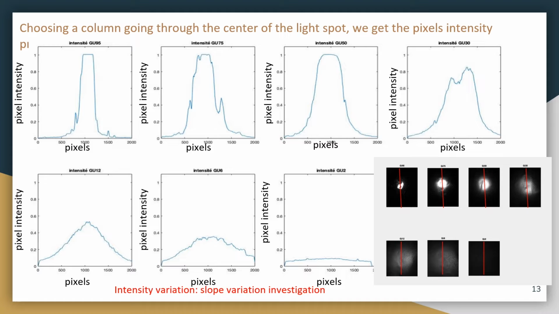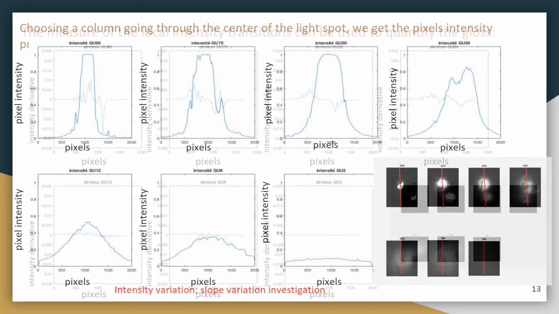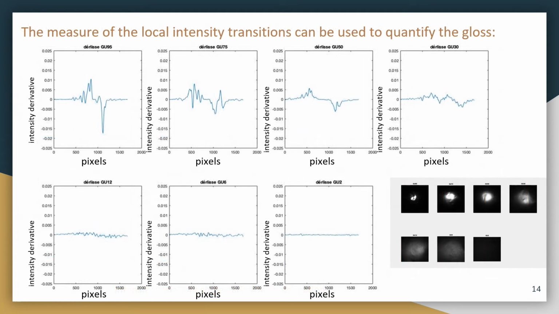To do this, we measure the local intensity transition, which is equal to the derivative of the intensity variation. So we can see that the quicker the variation, the glossier is the surface, and the slower the variation is, the matter is the surface.